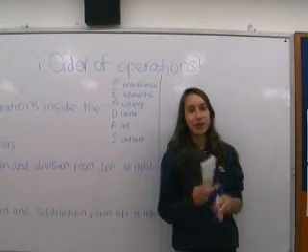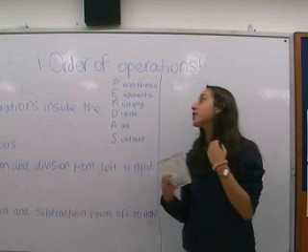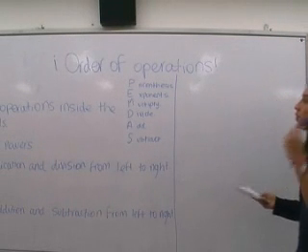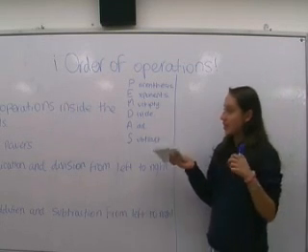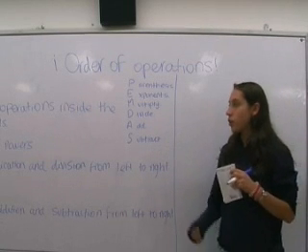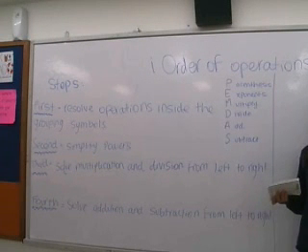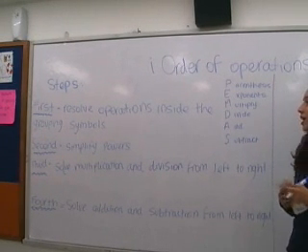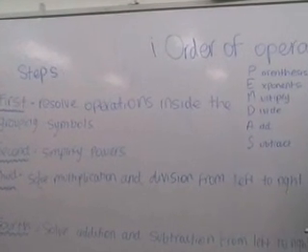I'm Dora Maria Gutierrez, and today I'm going to teach you how to do the algebra of operations. So you have to follow these steps. First, you have to resolve operations inside the grouping symbols. There are parentheses, brackets, etc. Second, you have to simplify the powers.